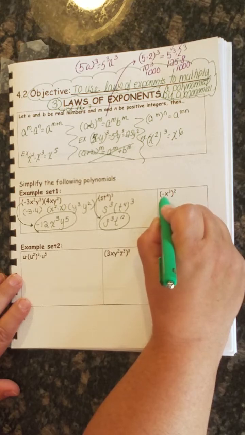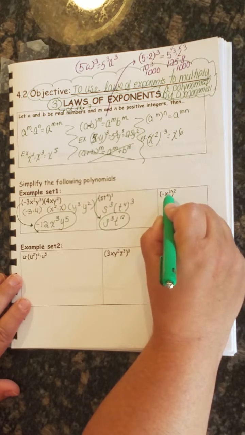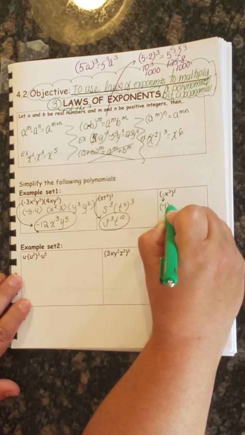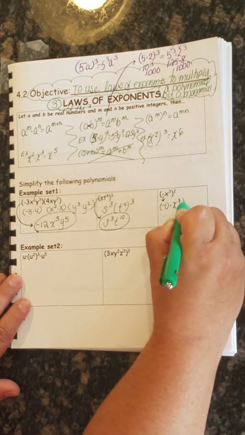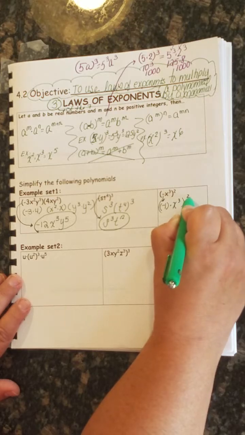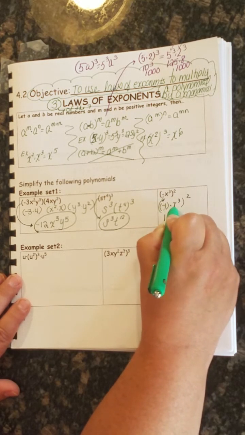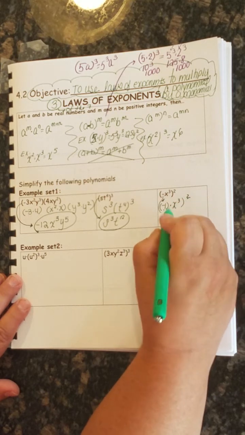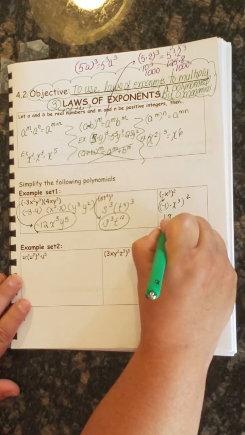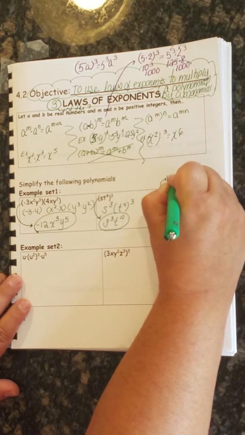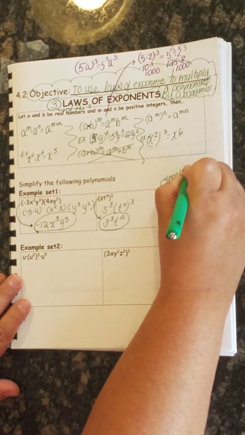But what you've got here is a negative x cubed, which I like to think of as a negative 1, and then an x cubed, and then they're going to be squared. So a negative 1 squared becomes a 1, x cubed to the second power becomes x to the sixth. Now, if you did it the long way, you're not going to use exponential rules.